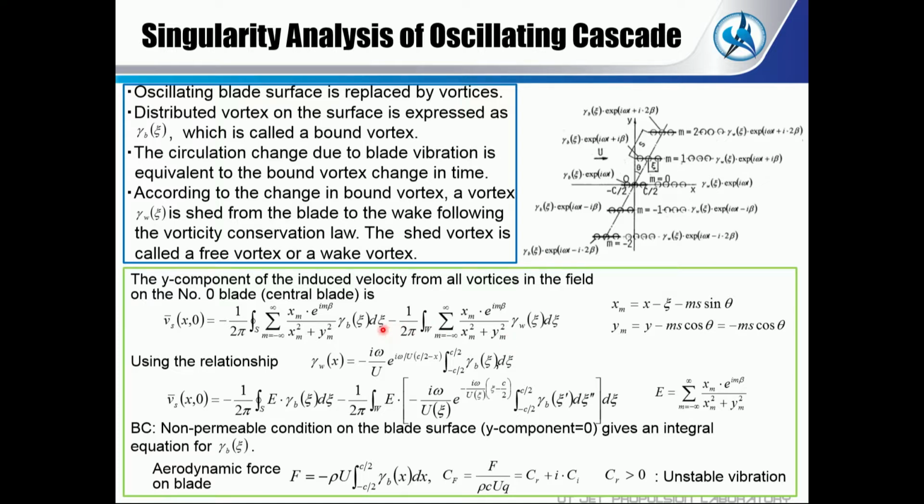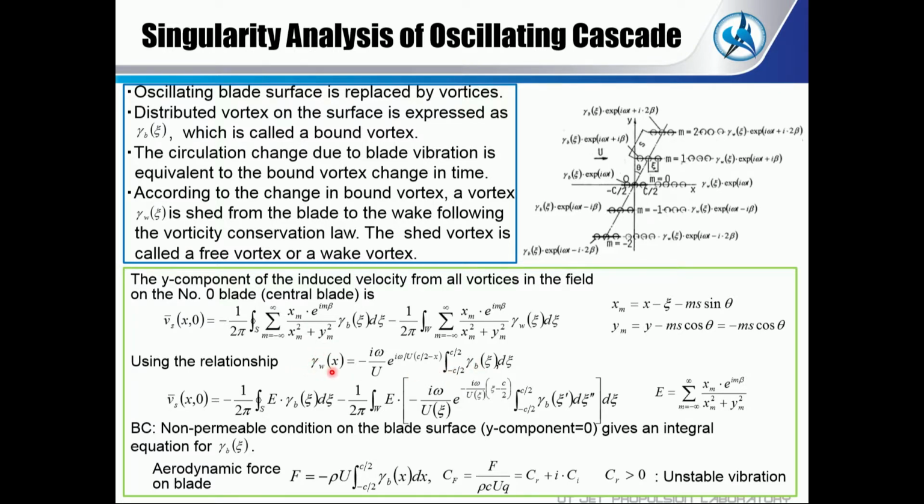But these are not independent because gamma W is shed from gamma B. So the relationship between gamma W and gamma B is expressed like this. I'll explain the details later. But we can have a relationship between gamma W and gamma B here.